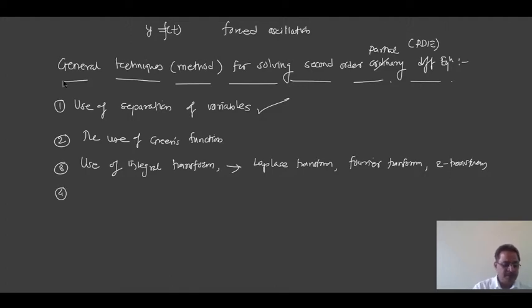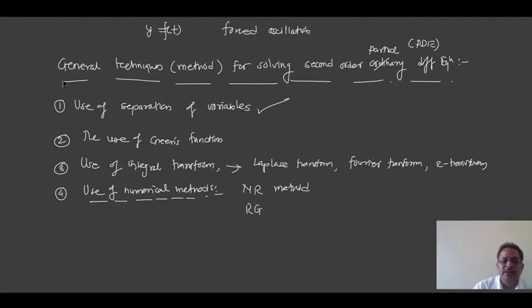Fourth is the use of numerical methods. This is also known to you. You have used this earlier in SYBSc. For example, the NR method, Newton-Raphson method. Then the Runge-Kutta method.